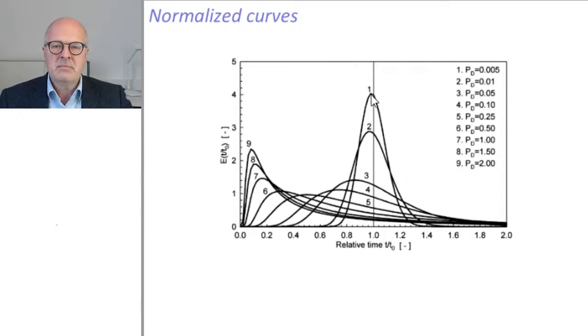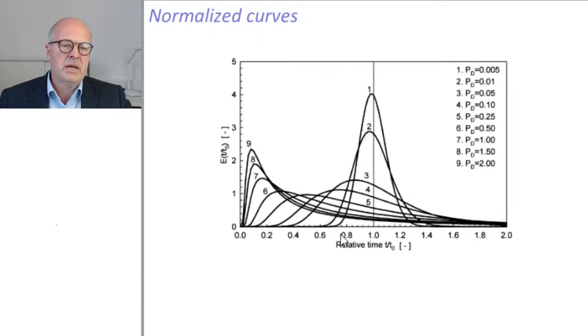So the tracer comes in a bunch. It's a little bit dispersed, but it comes in a bunch. Now, this means that most of the flow velocities are very similar, and that they are very similar to the average velocity. So the time function that we get is very similar relative to the residence time.